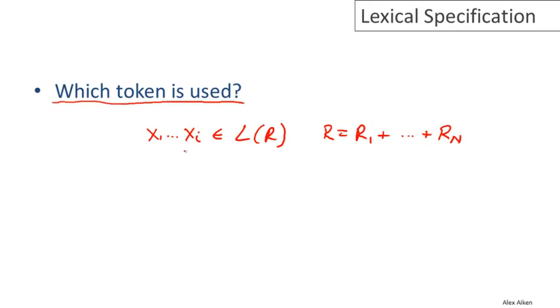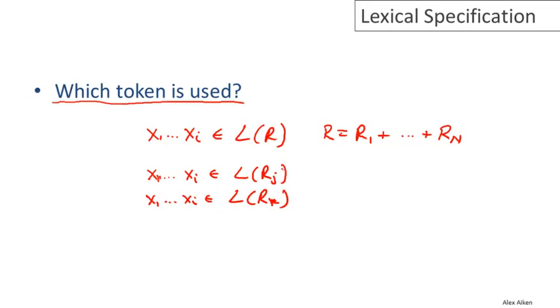Since this prefix is in the language of the lexical specification, it must be in the language of some particular token class, Rj. But nothing says that it isn't also in the language of a completely different token class, meaning that this same string could be interpreted as one of two different tokens. The question is, if this happens, which one should we pick?